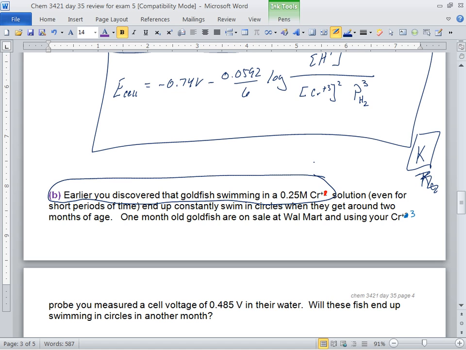You're going to swim in circles if your concentration of that chromium 3 is bigger than 0.25 molar. So use your Nernst equation as a little sensor and solve for the concentration of chromium. And if your answer is bigger than 0.25 molar, don't buy the goldfish. If it's less than 0.25 molar, you're fine.